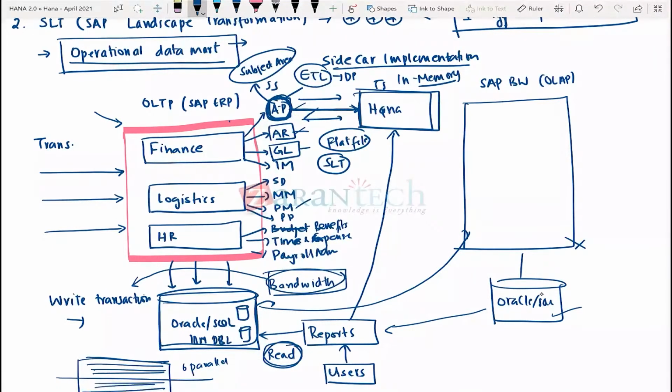When I take a particular subject area which is operational in nature and push it into SAP HANA, that primary use case was supported and satisfied by this technology called SLT. That's why we coined it as operational data mart. Does that make sense for everybody? By a quick show of yes or no, please.